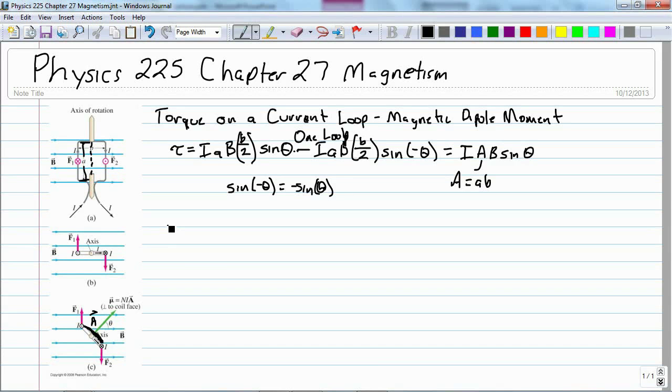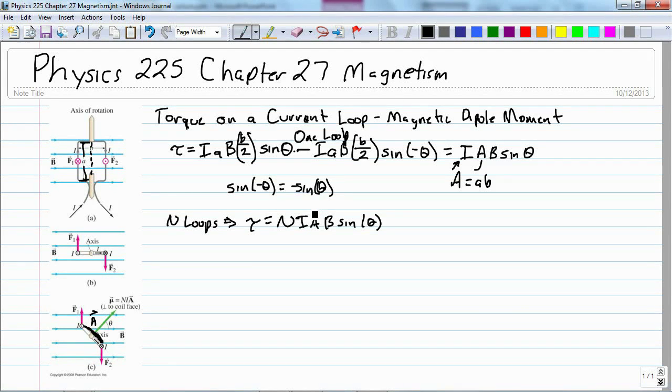If I have n loops, it's just this one loop times n. And we can define a variable.